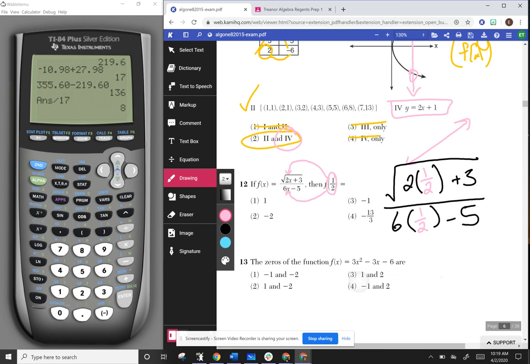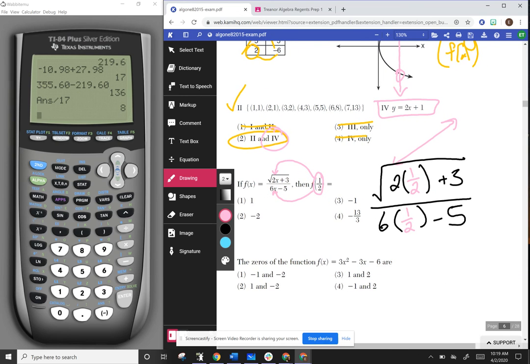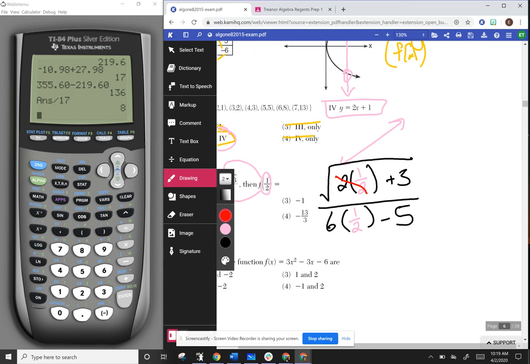If you didn't want to use the calculator, you could start simplifying right from here, which is probably what I would do. So at the top here, 2 times 1/2 is just going to leave you with 1. And 6 times 1/2 is going to leave you with 3. So now that we know that, we could still put the plus 3 under the square root divided by 3 minus 5.